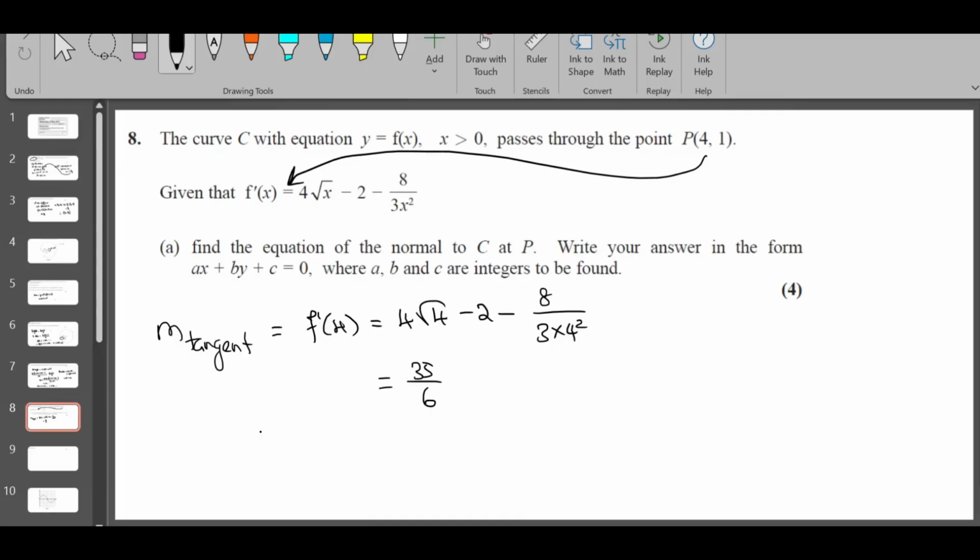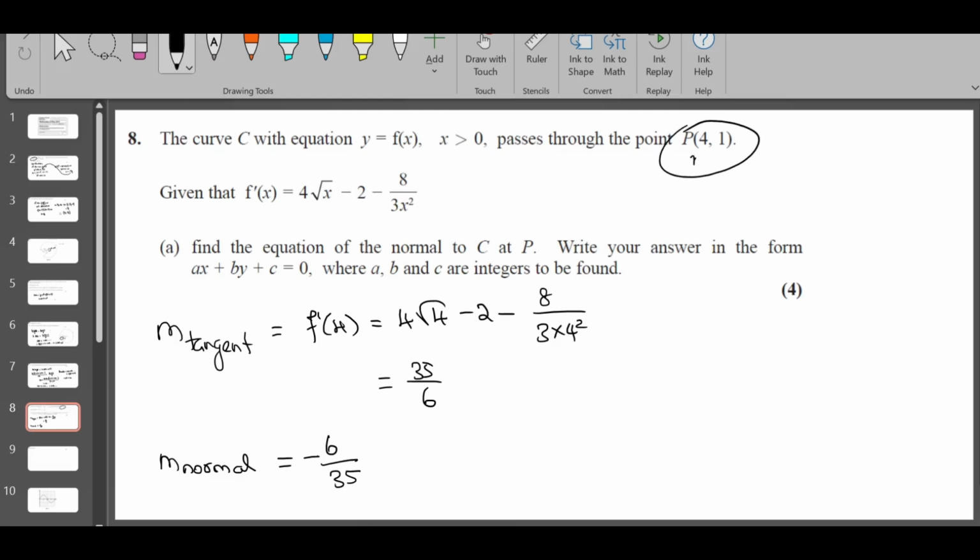That's the slope of the tangent, but we need the equation of the normal. So the slope of the normal is perpendicular to the tangent, so take the negative reciprocal of the slope. So we have a slope, we have a point, take the point as x1, y1. The equation is y minus y1 is slope times x minus x1.